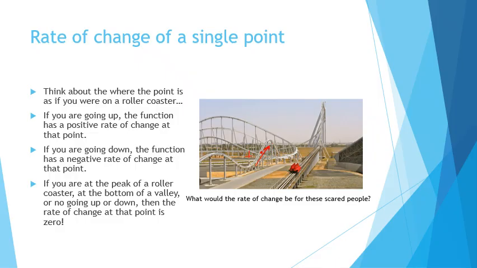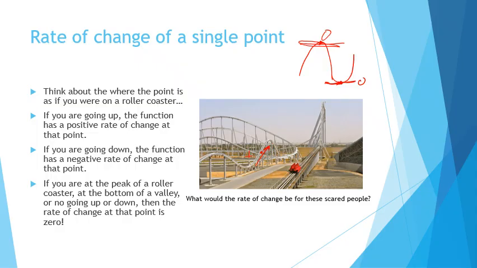And if you are at the very tippy top, so let's say you're right here, your rate of change would be 0. Or if you're at the valley, so let's say right here, your rate of change would also be 0 because you're not going up or down.